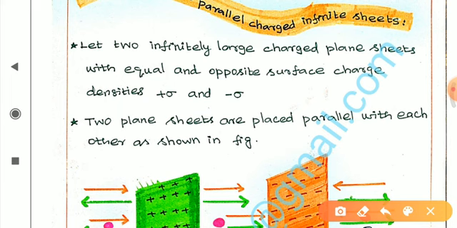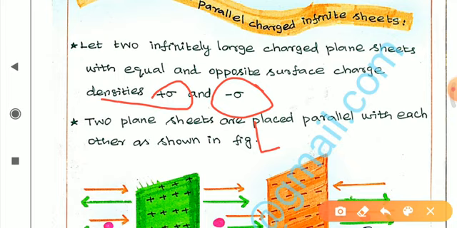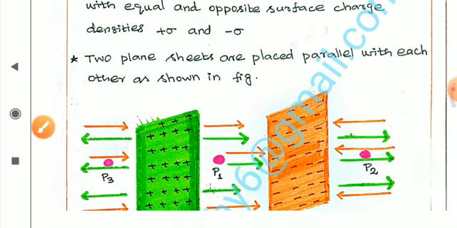Here we are considering two parallel plane sheets, one with positive surface charge density plus sigma, and another with negative surface charge density minus sigma. Are you clear?